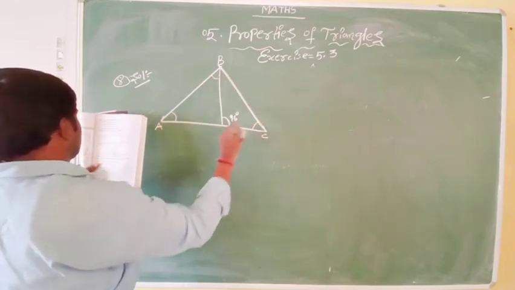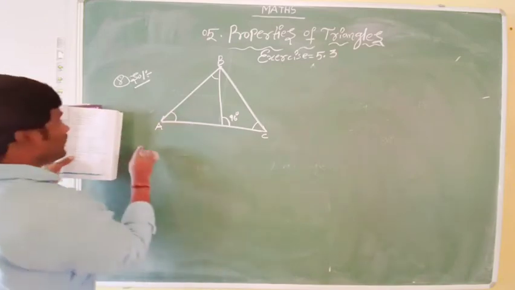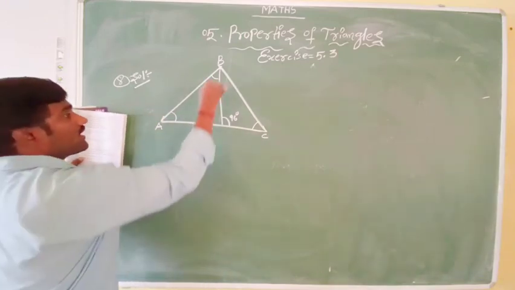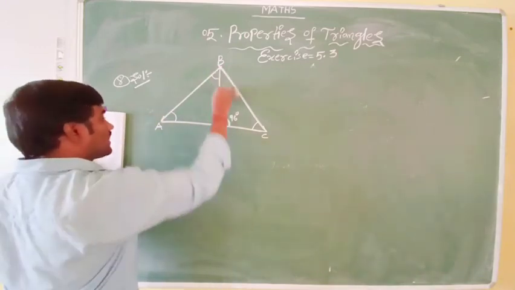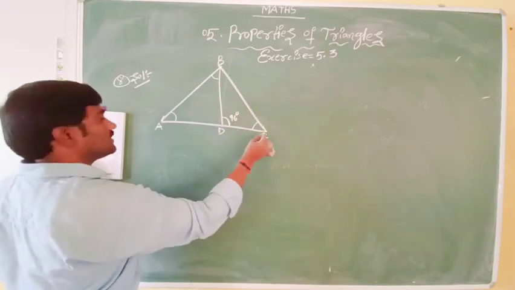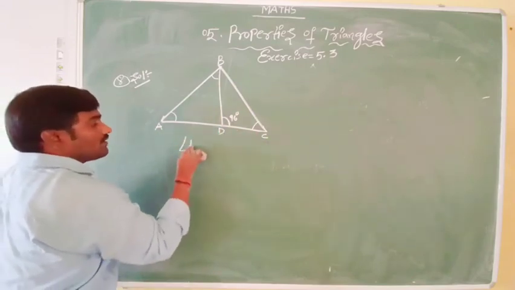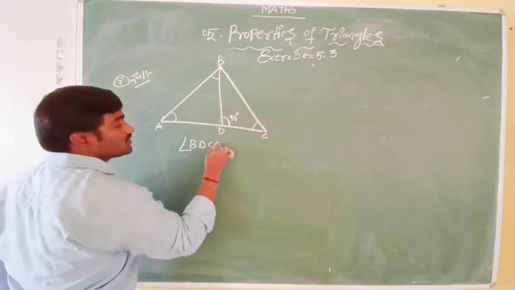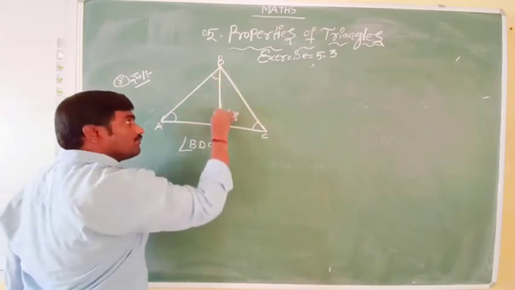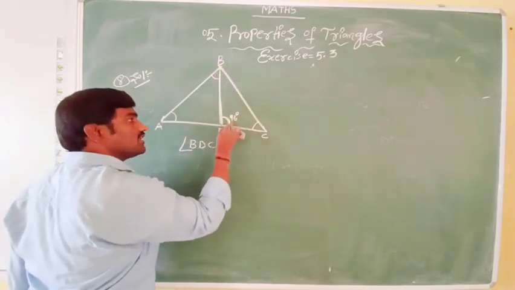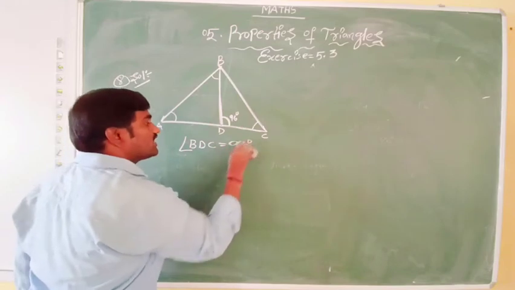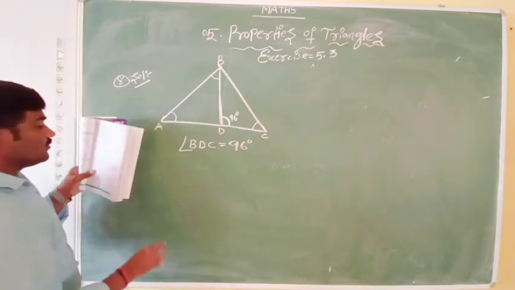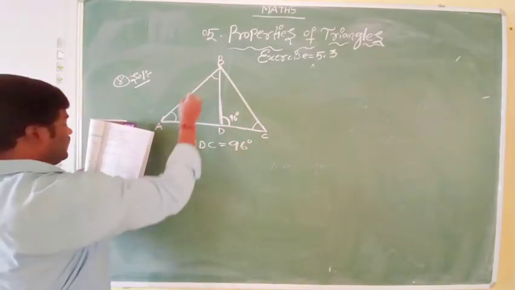Let's see what is given. This is D, angle BDC. This angle BDC is 96 degrees, and also he gave angle ABD.